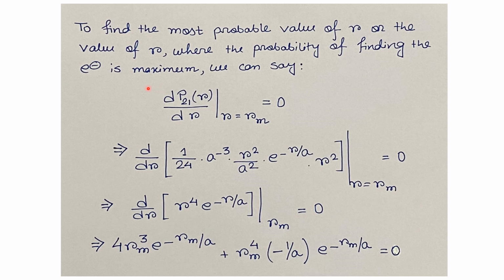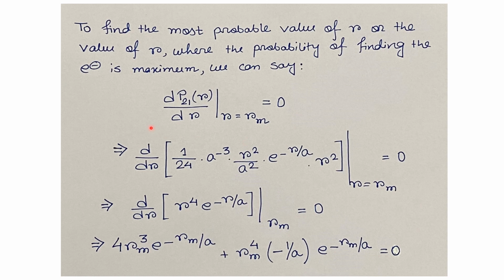We consider the most probable value of r to be Rm. So at r equals Rm, the probability density function P21 will be maximum, so the derivative of P21 with respect to r will be 0.